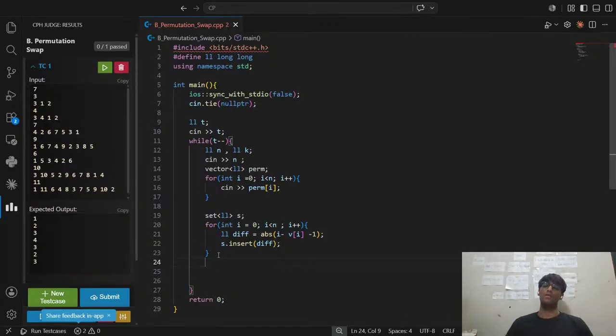So now basically we are at the stage in which we have calculated all the possible values the answer could be. Now we just have to calculate the least common multiple which divides them all.